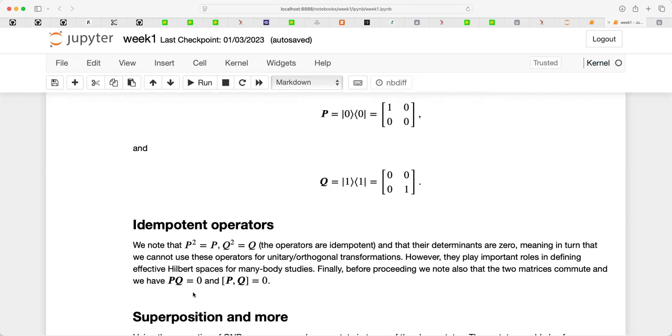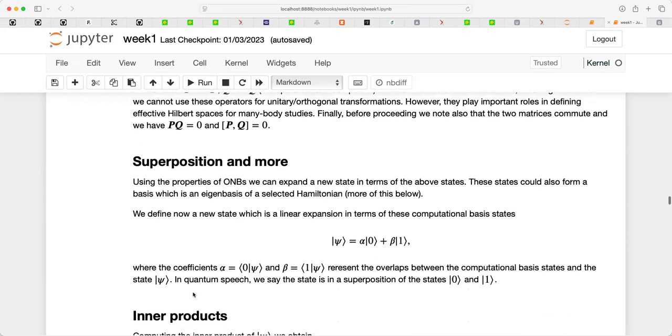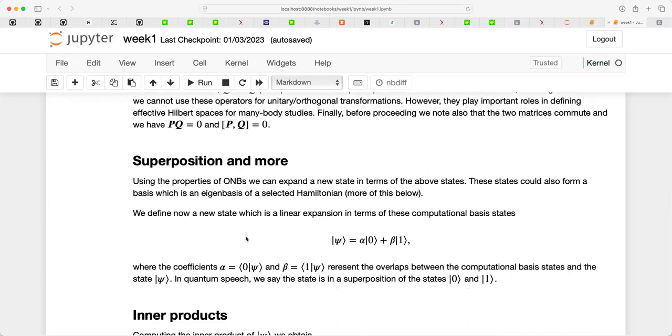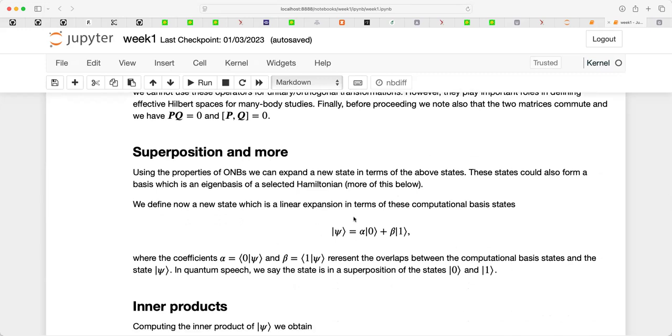The reason why I bring this back is that we are going to reuse these types of quantities again and again. Then clearly the important quantum mechanical principle of superposition is there, which means that alpha and beta are so-called complex coefficients, which define the likelihood of being in state 0 or state 1.